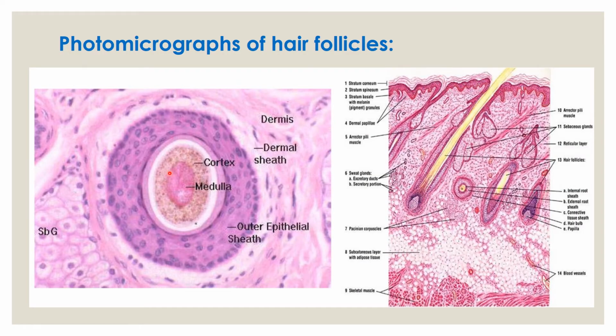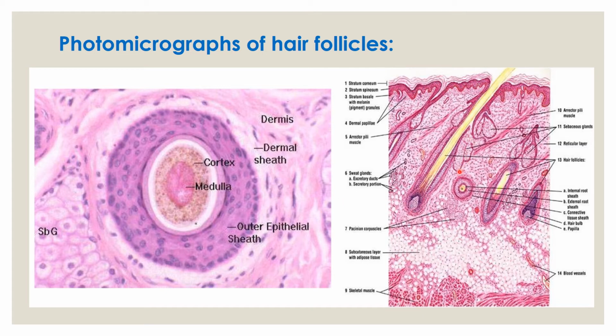So this is the cut section showing you the inner core of the medulla, the outer cortex, and then we have the epithelial sheath and the dermal sheath, which is a connective tissue sheath around it. This connective tissue sheath is divided into two parts, the outer dermal sheath and the inner dermal sheath.